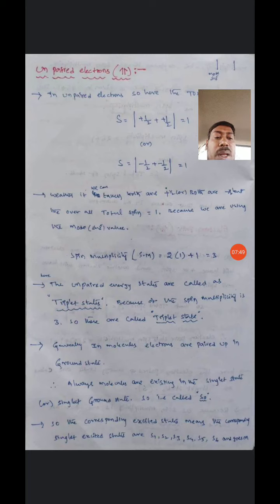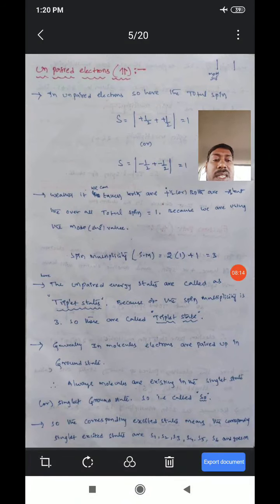Then the spin multiplicity is equal to 2 into 1 plus 1, that is equal to 3. So the unpaired energy states are called triplet states, because the spin multiplicity is 3.